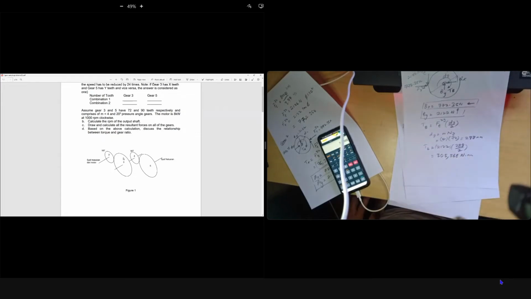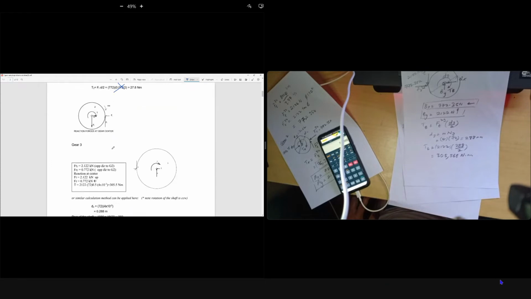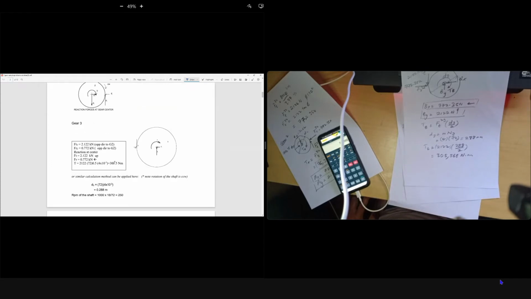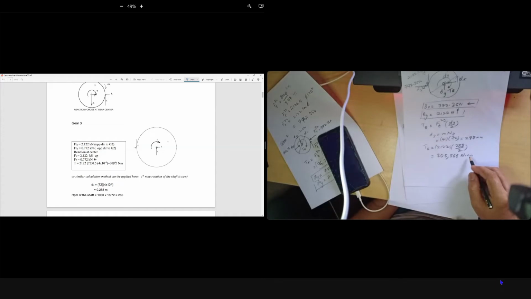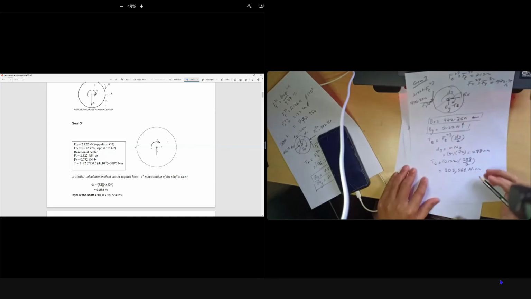I think the solution shows gear 2, gear 3 torque is correct, but it is in Newton meter, mine is in Newton millimeter. Alright, that will be your gear 3 free body diagram. That's all for gear 3.